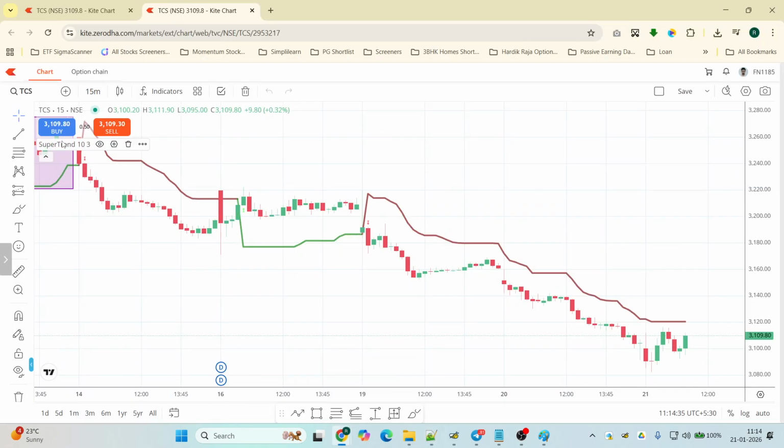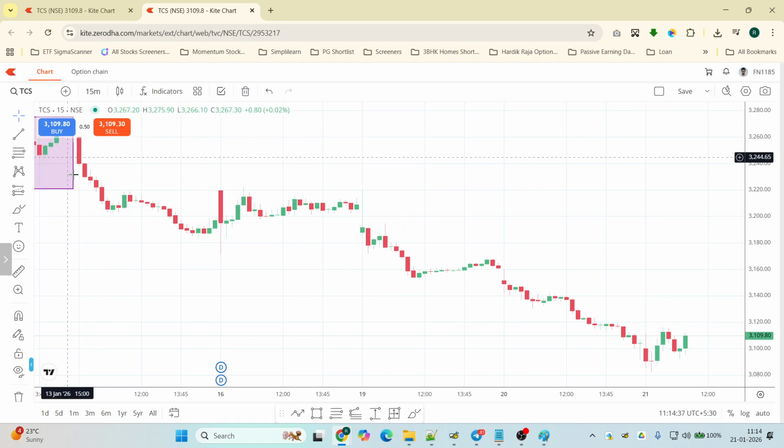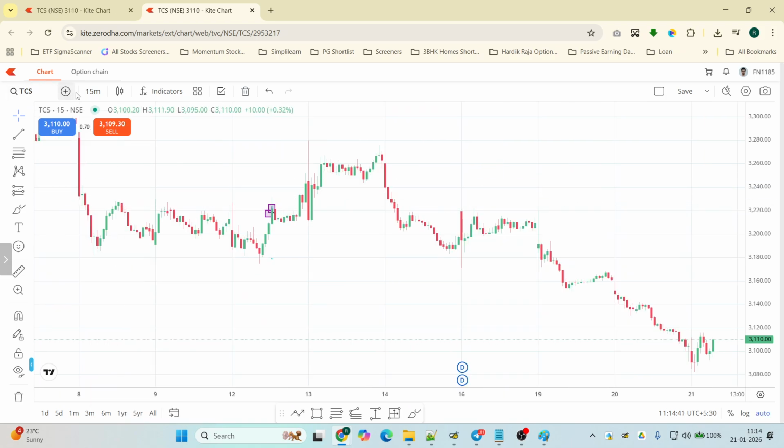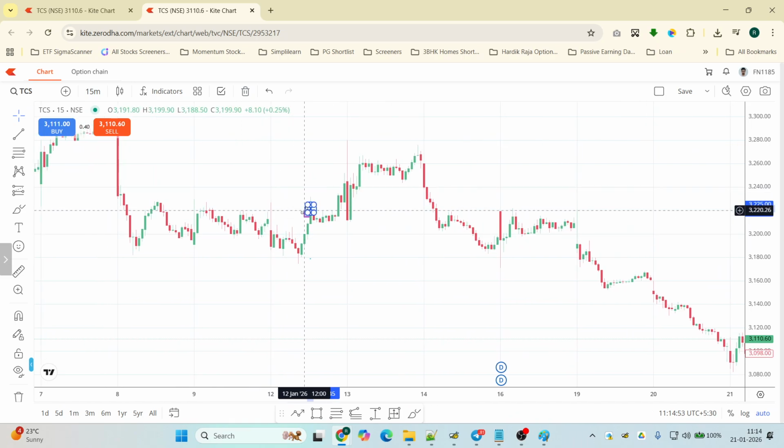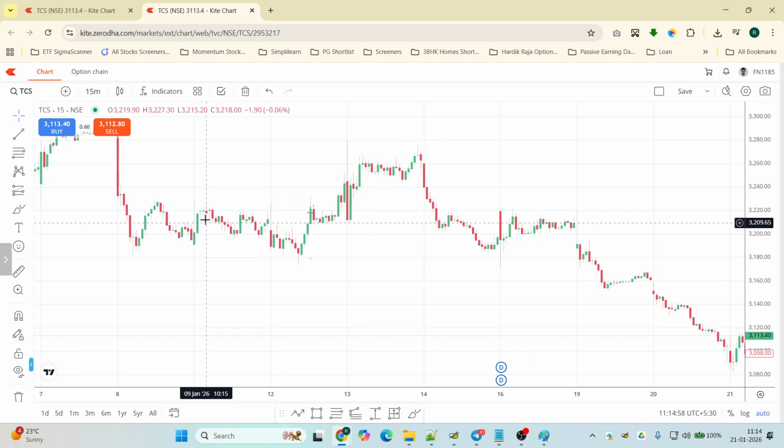I'm taking a chart of TCS, 15 minutes time frame. I'll show you with different time frames how super trend actually works so that you can capture a better result whenever the super trend flips the color.